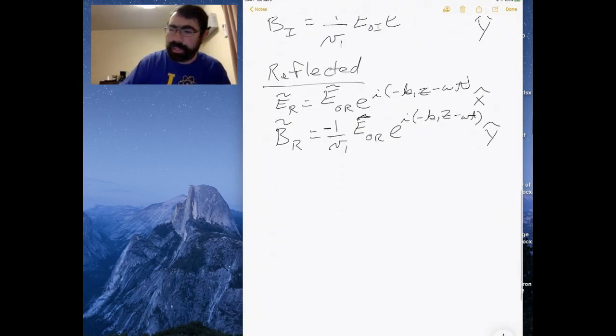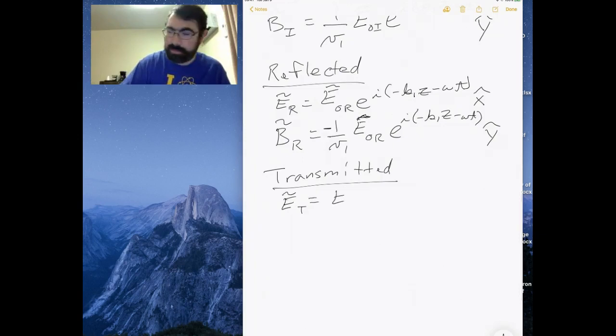And then the transmitted wave, if we write it out, notice that k2 is the wave number for the second medium, and this is going to be in the x direction.